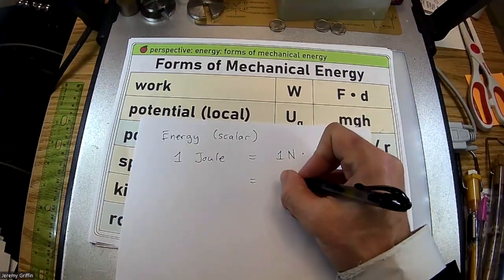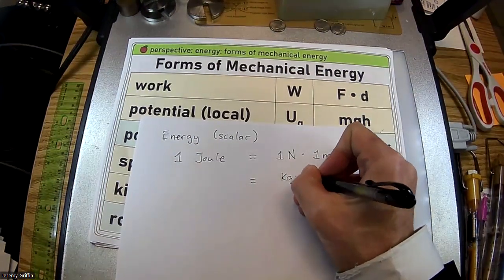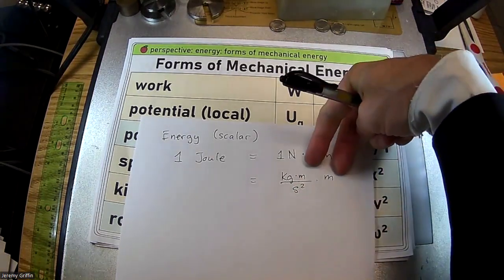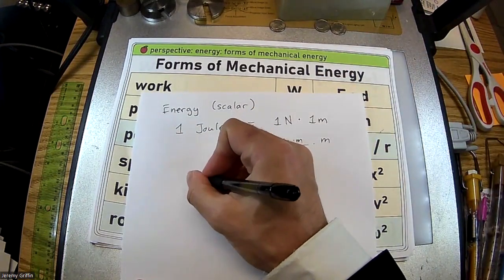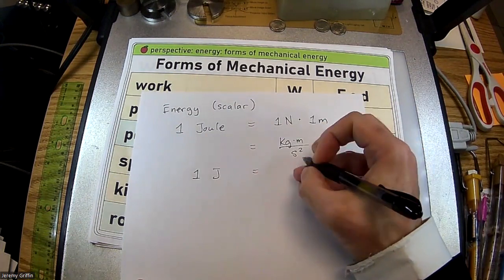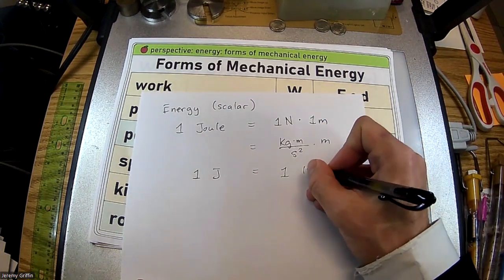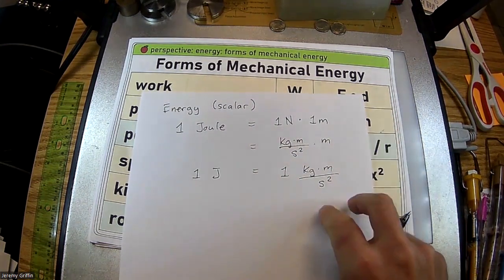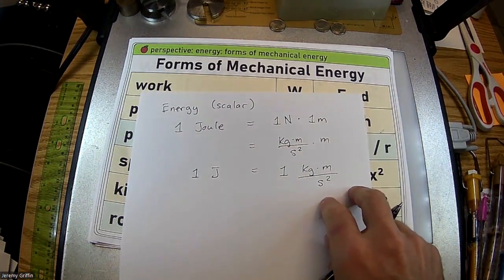Oh, so newton, that's right, it's 1 kilogram meter per second squared. Multiply that by this meter, and that meter could go together. So 1 joule, capital J, we see in this class, is 1 kilogram meter per second squared, right? That's how it breaks down in terms of SI units.